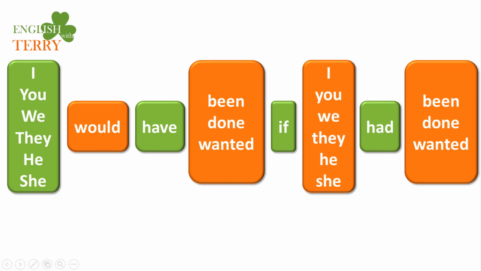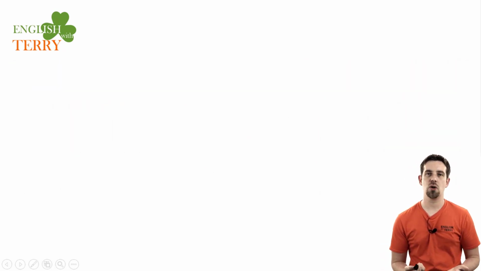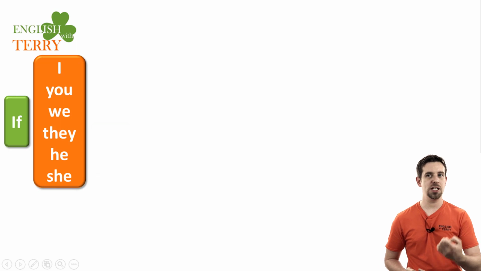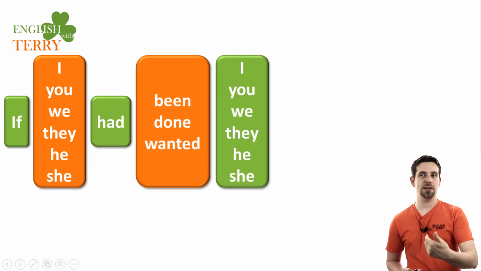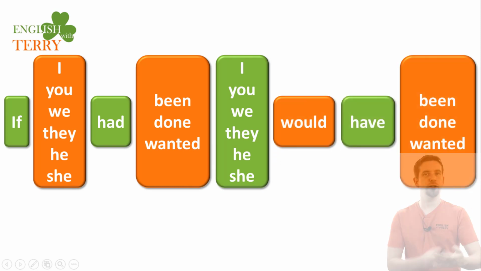I would have done it if it had been possible, right? So you can learn to use each one of the structures. Now, we can change the order with not much problem. For example, if I, we, they, he, she had past participle, and then I, we, they, he, she would have and past participle. There's no problem to change the order around a little bit.